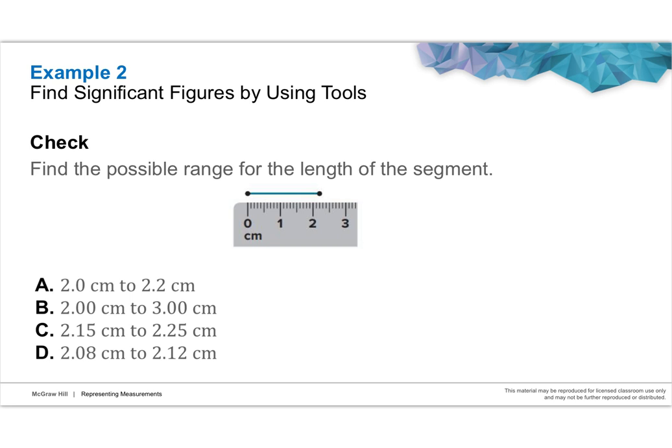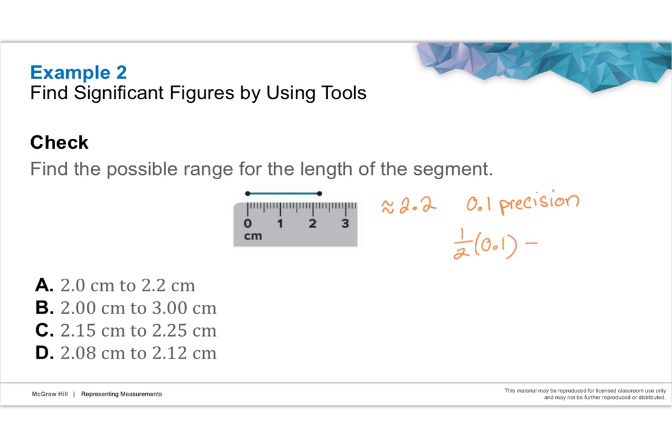Still on page 138, just at the bottom of the page there, we're finding the possible range for the length of this segment. The measured value looks to be 2.2, and our precision level is 0.1. And so remember, we want to go halfway of 0.1 on either side of that 2.2.